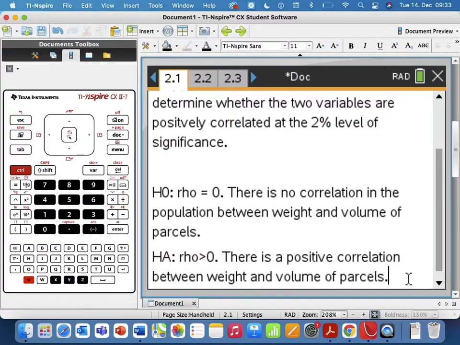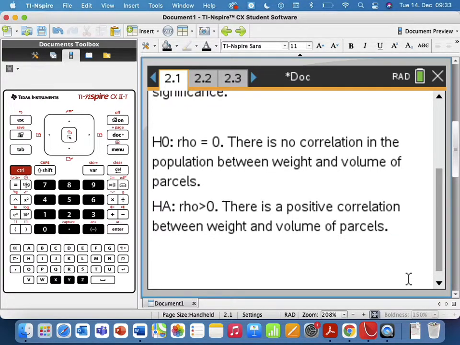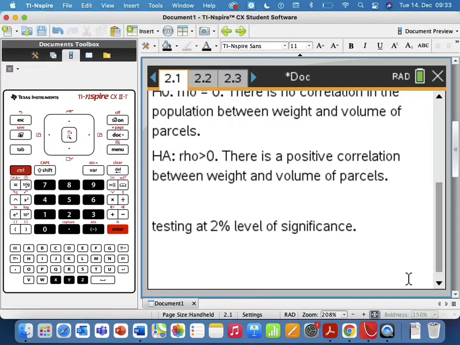You'd have to write that yourself. So there we go. We've got the null, we've got the alternative hypothesis, and we are testing at the 2% level of significance. So let's just go and set our rejection zone. We would reject the null only if the p-value for our test is less than the 2% significance level.